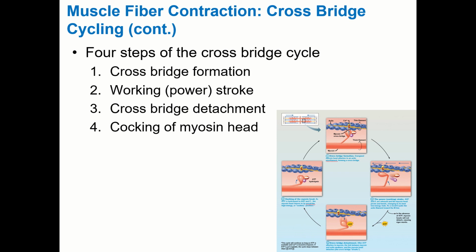We'll probably talk about it in more detail later. We split off that last phosphate, and the energy given off allows us to reset the myosin head. One of the ways I like to think about this is that the myosin head at rest is like a cocked spring, a mashed down spring. It's ready to go, and as soon as it has the opportunity, it's going to expand.